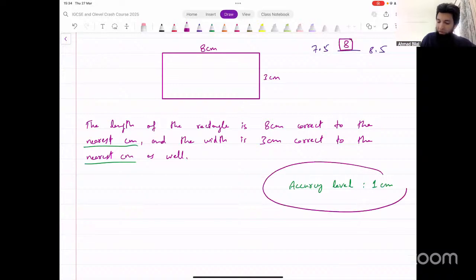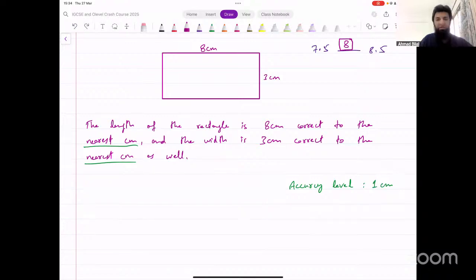That's what it means that to the nearest 1 centimeter, the length of the rectangle is 8 centimeters. If the length that we're calculating is 8 centimeters, then the actual length could be anywhere between 7.5 and 8.5, because that rounds off to 8 centimeters if you rounded off to 1 centimeter.